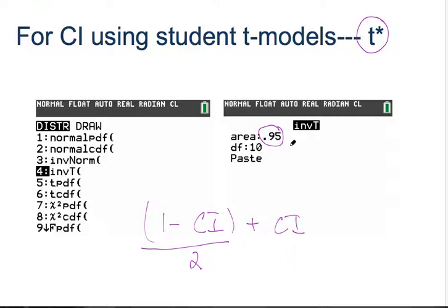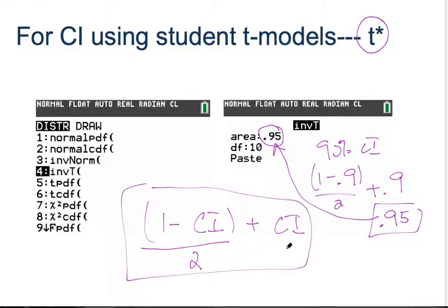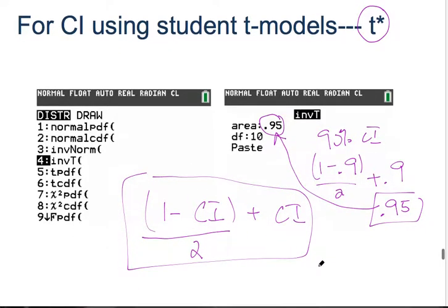Okay, so for example, if it's a 90% confidence interval, you do 1 minus 0.9 because you change the confidence interval into a decimal, divide it in half, and you add it to 0.9, and that's what gets us to 0.95. And that's the number that goes right there. Okay, and the degrees of freedom comes from the problem. Okay, so maybe this is a way to help you remember what should go in for the area.